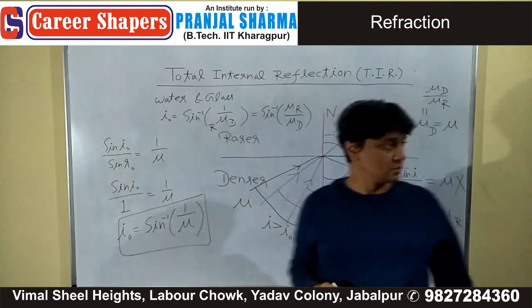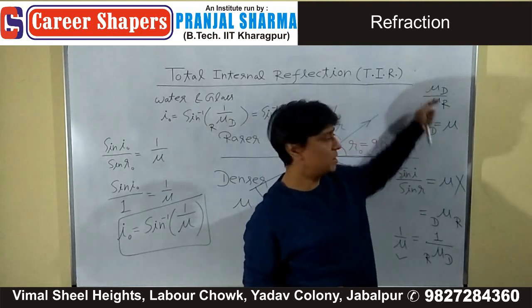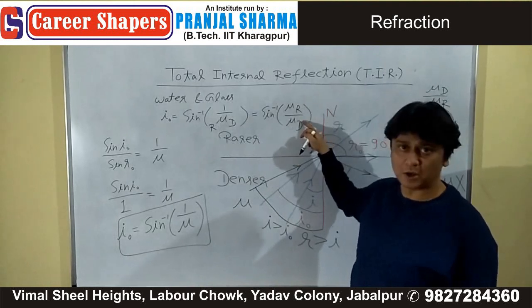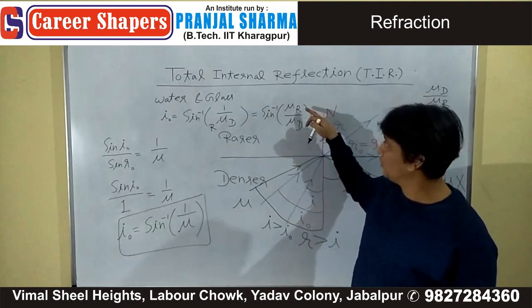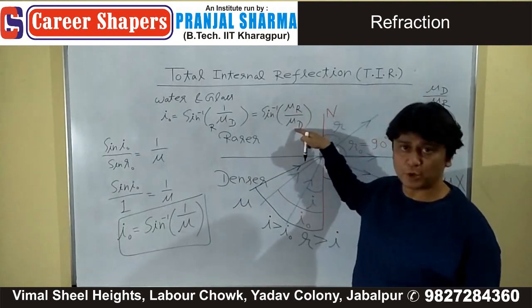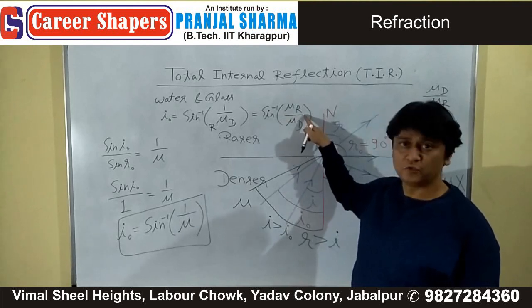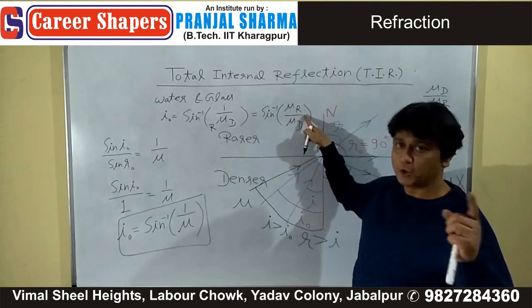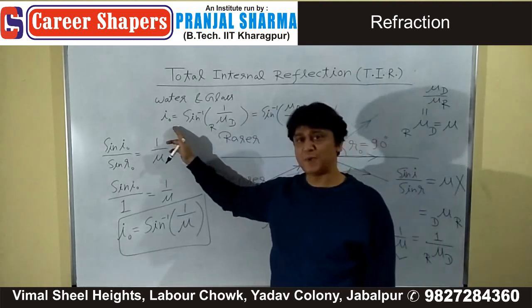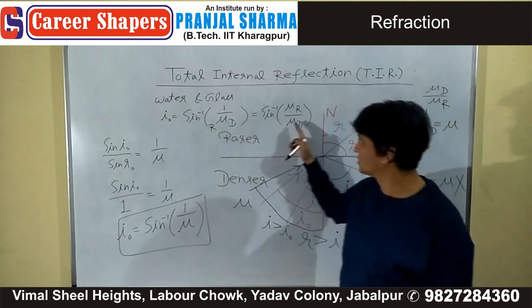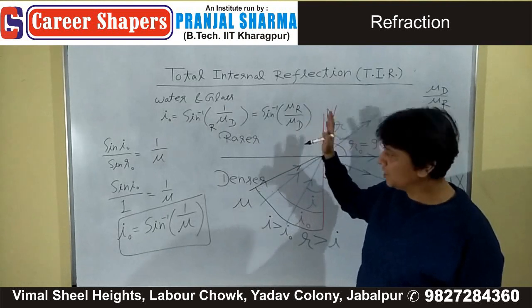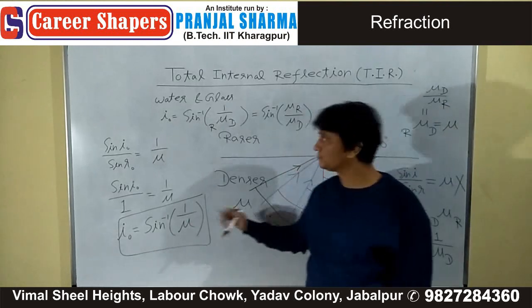This is 1 upon that. 1 upon this will give you mu r upon mu d. It can never be mu d upon mu r. It's a very easy thing to remember. It's always rarer upon denser. Why? Had it been mu denser upon mu rarer, then inside the bracket the value is greater than 1. But you can never have a sine greater than 1. Therefore, from now on, it's better to remember the critical angle like this: refractive index of rarer divided by refractive index of denser. Much better than this presentation.